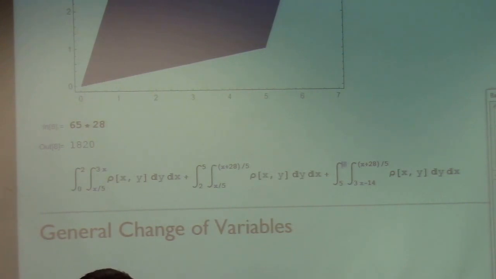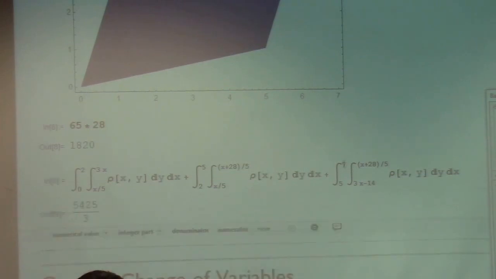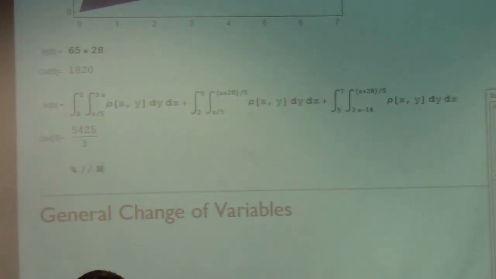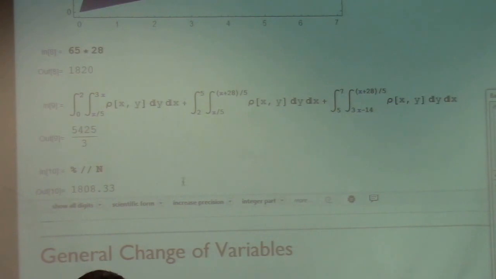So I know for sure this is something between 1,500 and 2,000. My memory must be faulty, I think, about the average value. 1808.33 is the value of the integral, approximately. Actually, exactly, it would be 0.3 repeating.